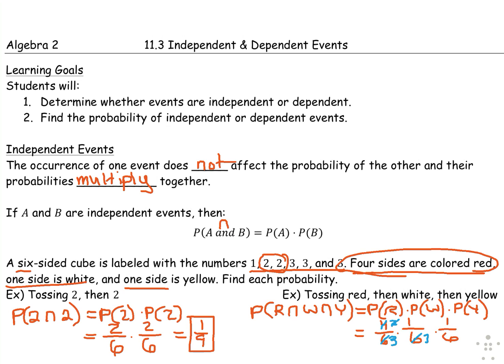So I have a ninth times a sixth is equal to 1/54. For independent probability, the separate probabilities are independent. One does not affect the other.